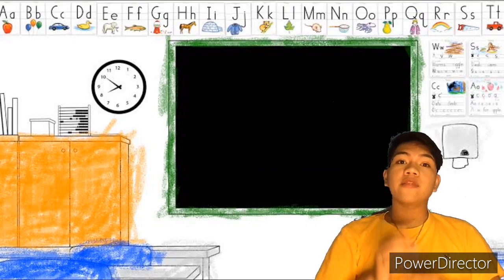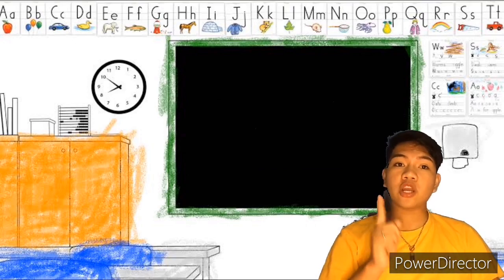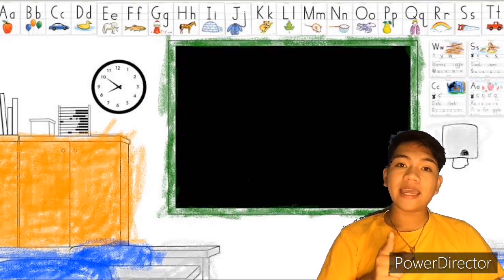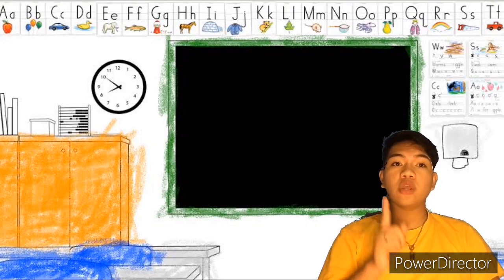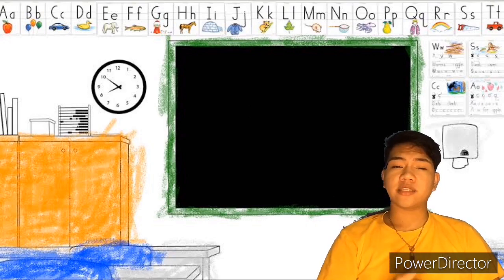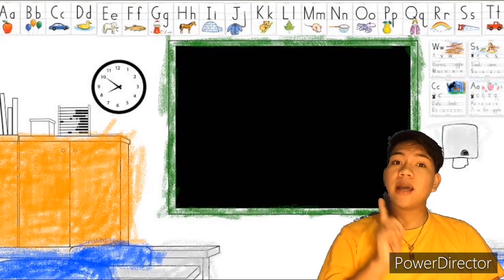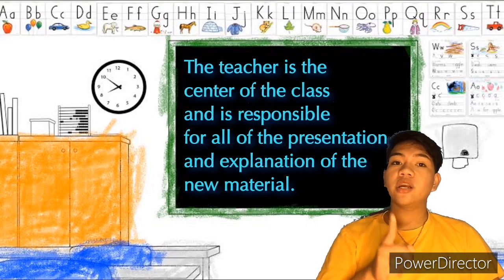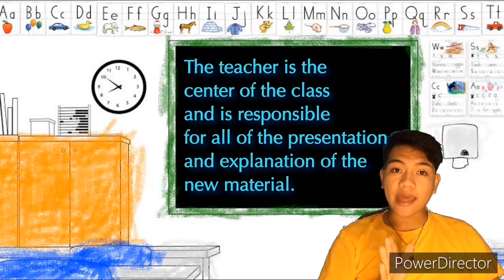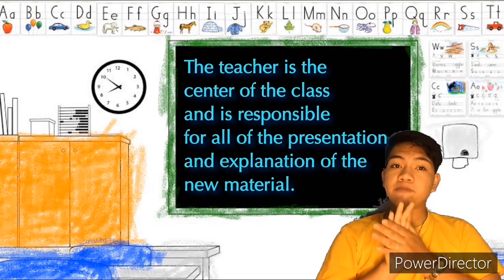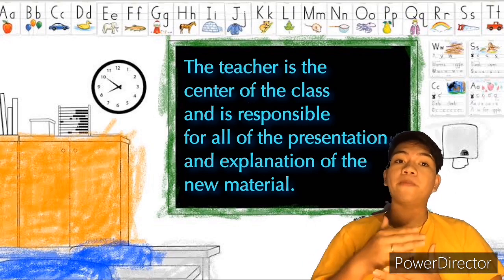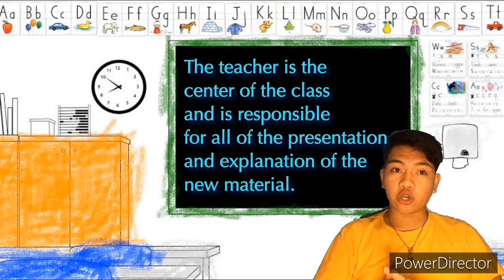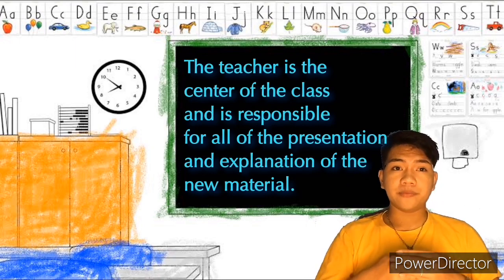Then, the rules of the present perfect structure would be outlined and the students would complete exercises, with a number of ways to practice using the structure. In this approach, the teacher is the center of the class and is responsible for all the presentation and explanation of the new material.